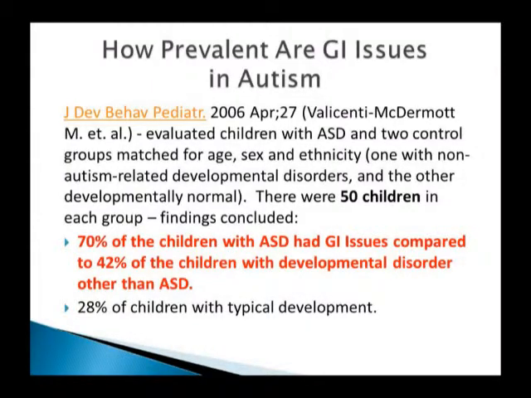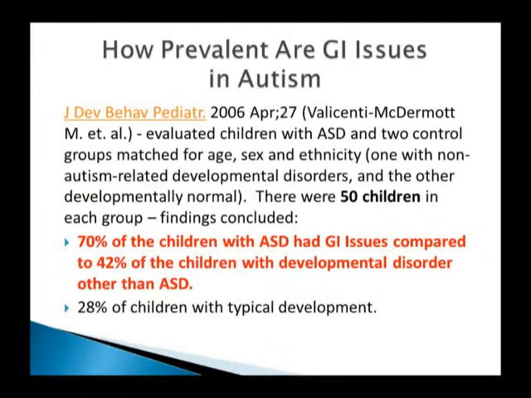But when they compared that to kids on the spectrum with autism, that shot up to almost 70%. So a huge, huge shift with kids on the spectrum having GI issues compared to kids of similar age who are considered neurotypical.